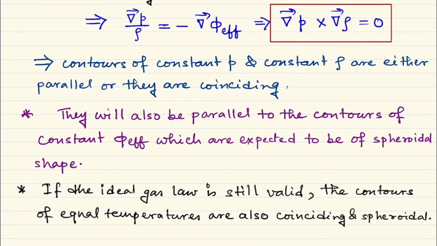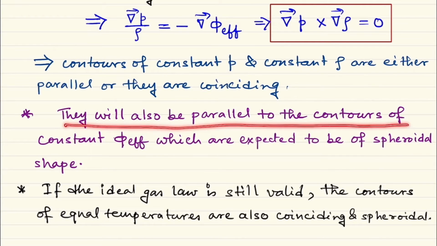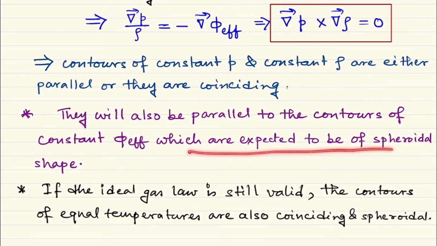We don't care whether this is a constant or a variable; even if it is a variable, these two vectors will simply be parallel. So that's why this will also be parallel to the contours of constant phi effective, which are expected to be spheroidal in shape, as we saw in the last lecture.